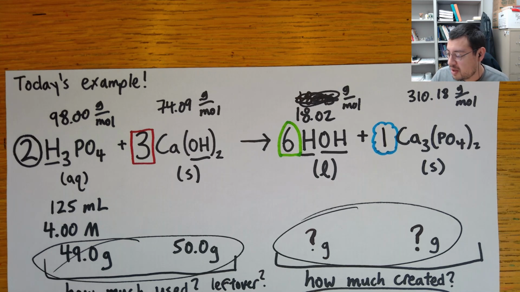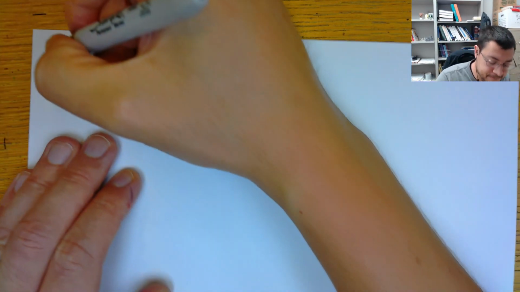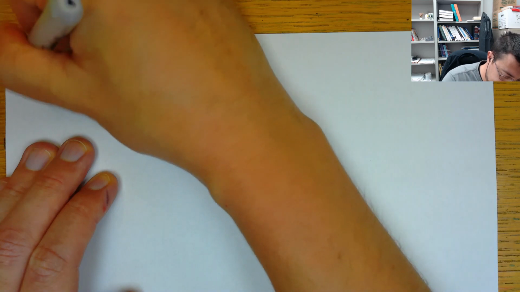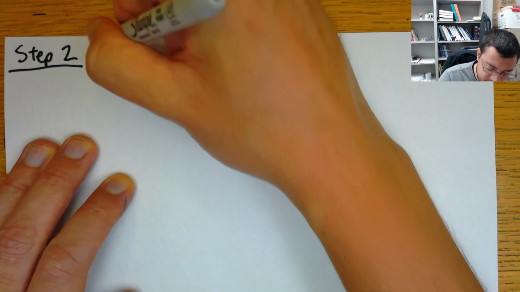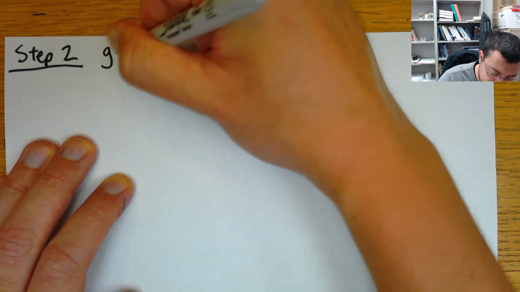So step 1 is done. We've done the balanced equation. Let's get on to calculating moles. Step 2, we're going to take all of our grams and turn them into moles.